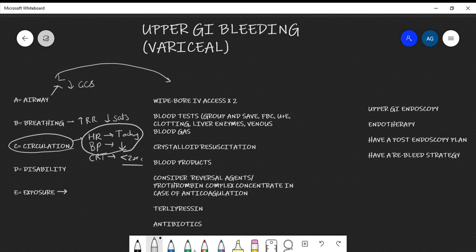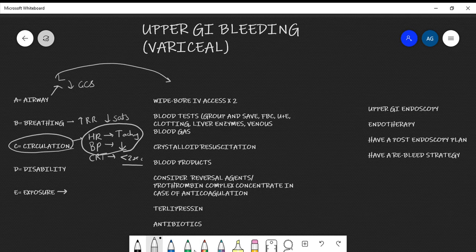Okay, so the important thing with regards to the circulation is that while you're doing the assessment, you want to start giving some therapy at the same time. So very important is IV access. You want to be in a situation where if you need to give them a lot of blood products or intravenous fluids, you want to have good wide bore IV access.